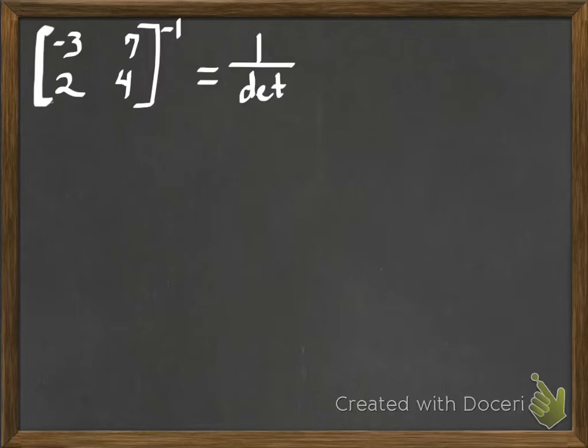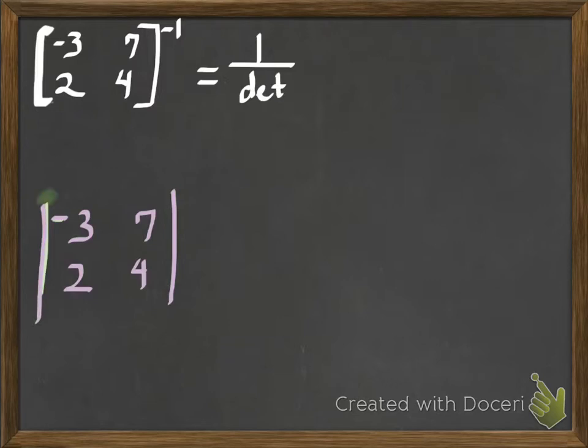So the determinant of this matrix, how did we find that yesterday? You did the downs minus the ups. That's a good one.